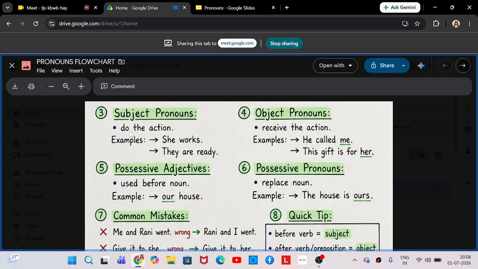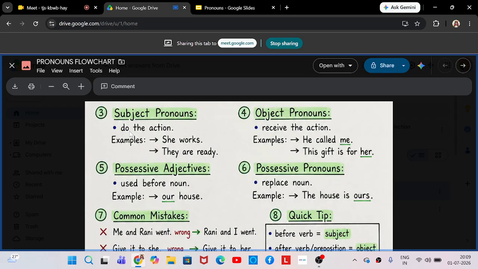Similarly, they are ready. Here, they is the subject pronoun that does the action of getting ready. So she and they come in the position of subjects. That is why they are called subjective pronouns, because they do the action in the sentence.